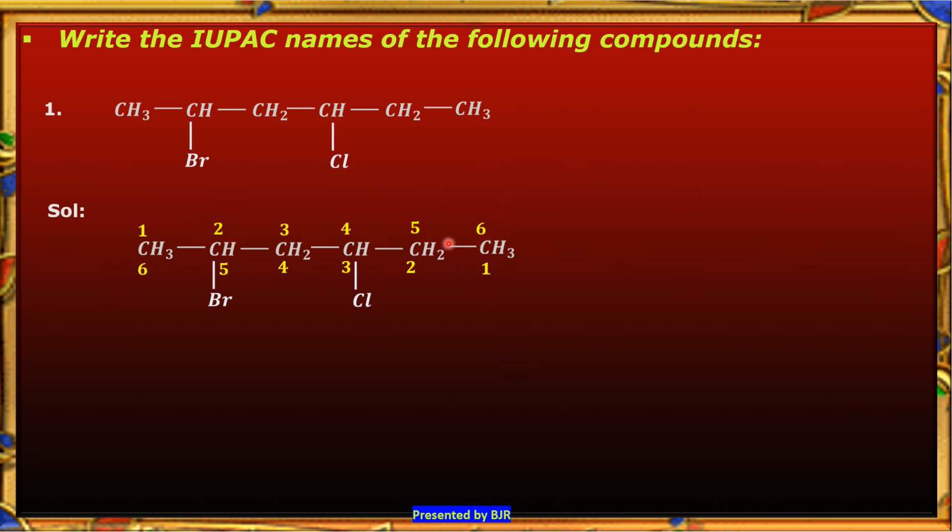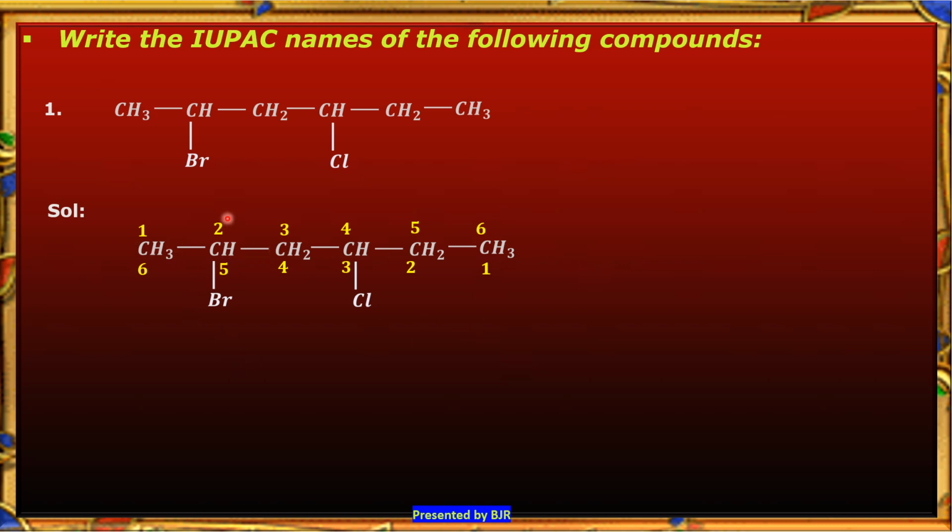Which way of numbering is correct? In order to know that, we have to use the lowest set of locants rule. I already told you in my previous videos that the number that locates the position of the substituent is known as a locant.